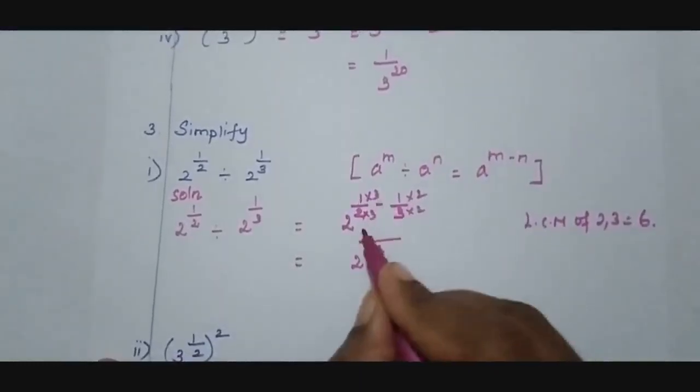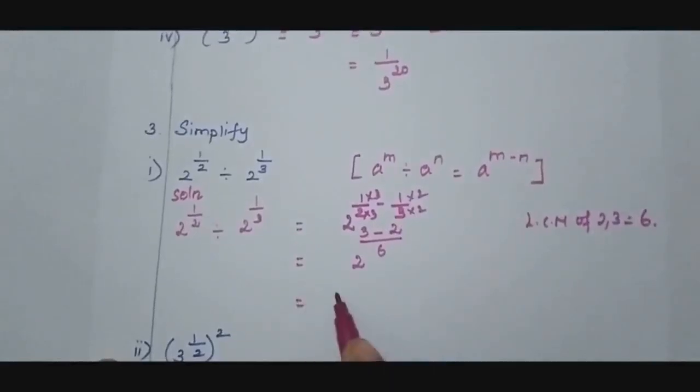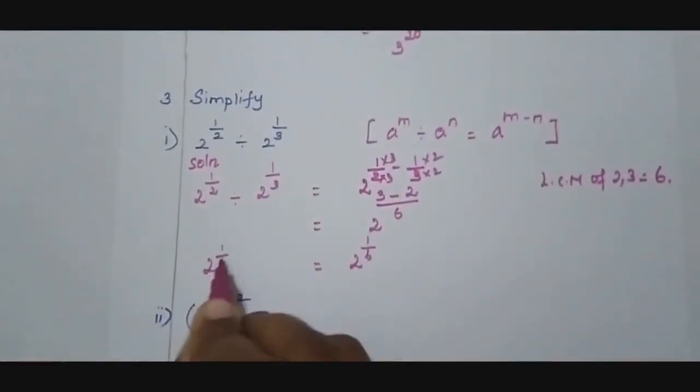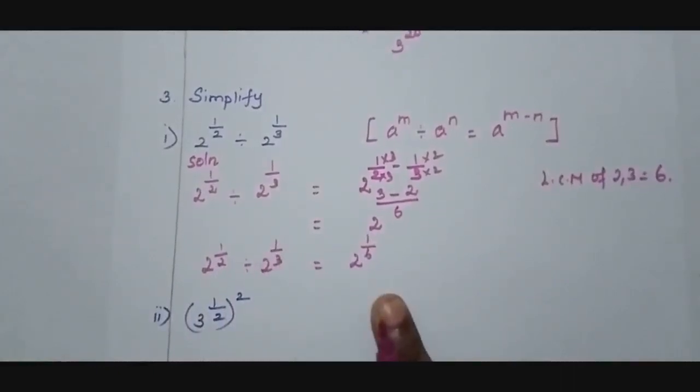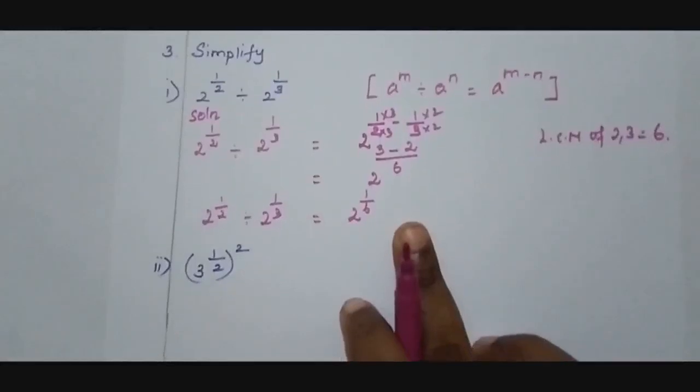So this is 1 3 is 3 minus 1 2 is 2, which is equal to 2 power 1 by 6. 2 power 1 by 2 divided by 2 power 1 by 3 is equal to 2 power 1 by 6. Is it clear, children? Yes.